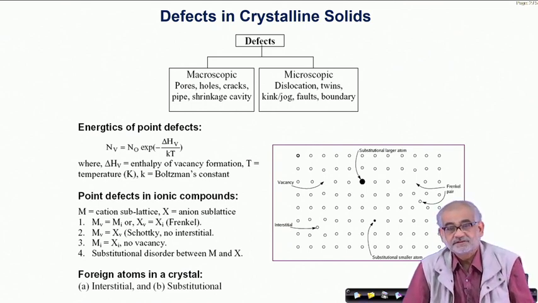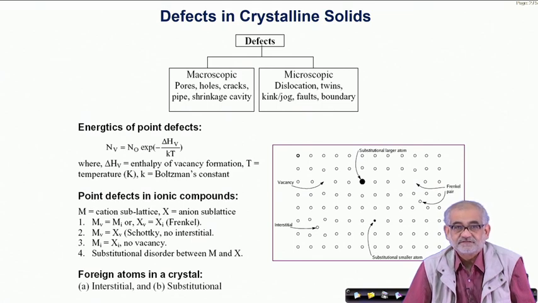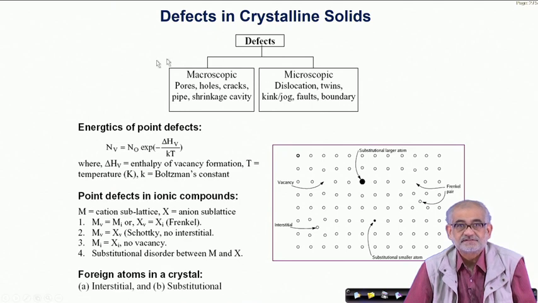In fact, thermodynamically, presence of a certain amount of defects, particularly the point defects, up to a certain density, actually makes the crystal more stable because of entropy contributions. That we'll discuss some other time. The point I'm trying to make is that presence of defects is unavoidable in all kinds of crystalline solids.